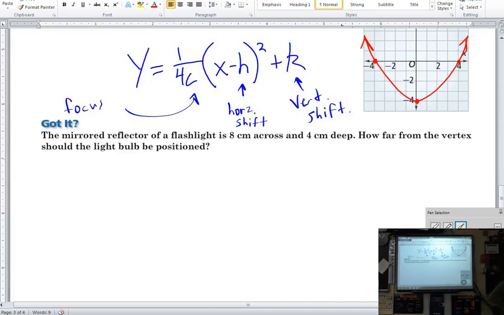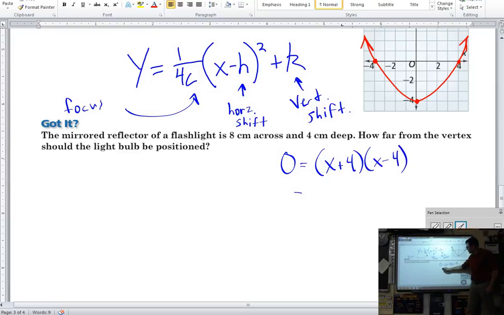How do we start building this? Could you just use the same basic formula from the last one? Because the zeros are still going to be negative 4 and 4. My zeros have not changed, so you can just change the slope. So Michelle, when I get to that x squared minus 16 point now, what are you going to do?